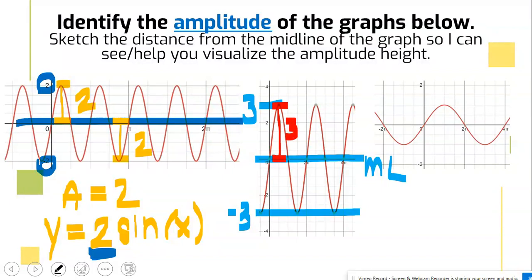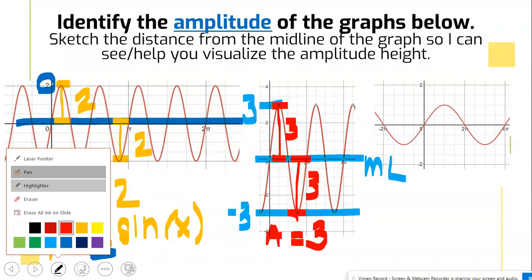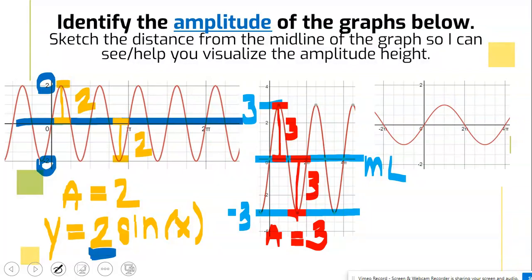That's a height of 3. Or from here to here, that also has a distance of 3. So our amplitude is equal to 3. If we were going to write an equation for this function, we might say that this is equal to 3 times sine of x. Because again, all we've discussed is amplitude so far.